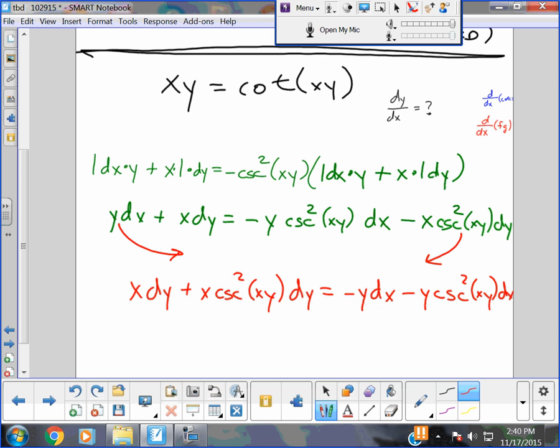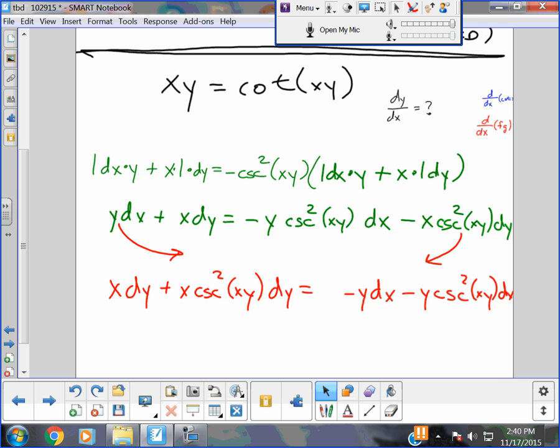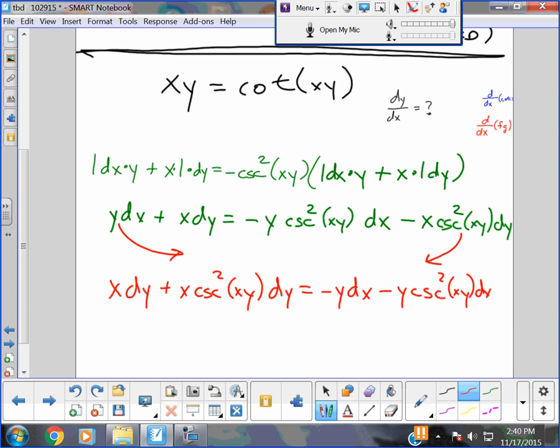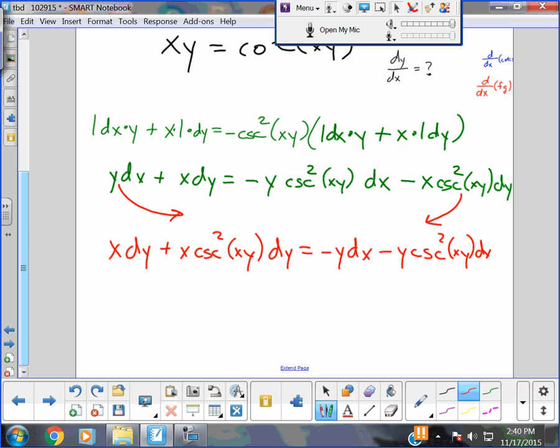All right? And now I'm going to factor out, and again, this is all algebra time right now. I'm going to factor out the dx and the dy.